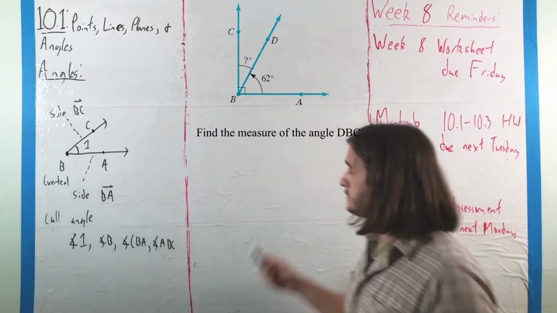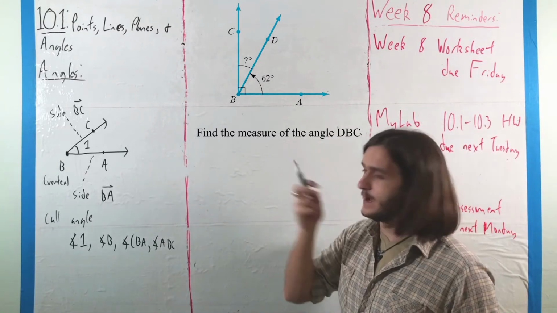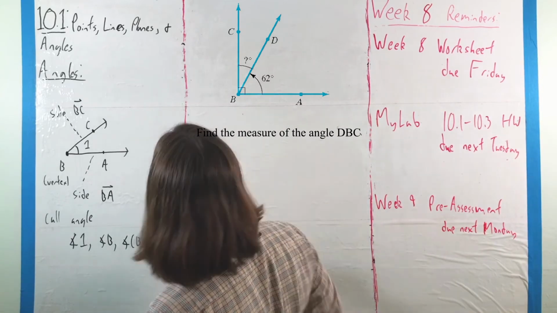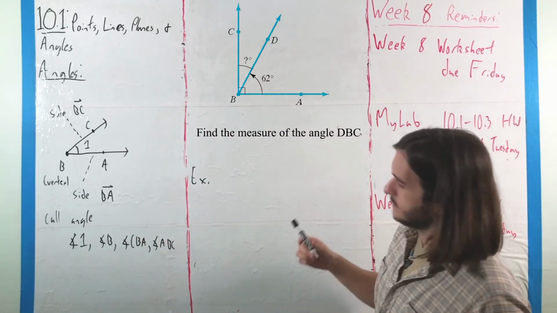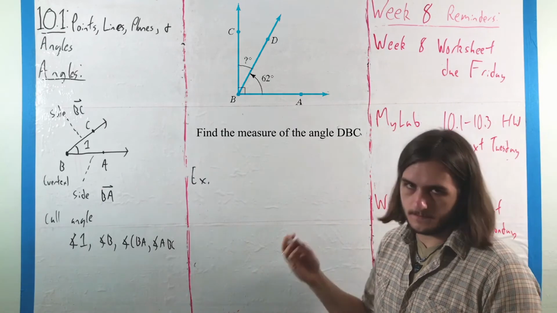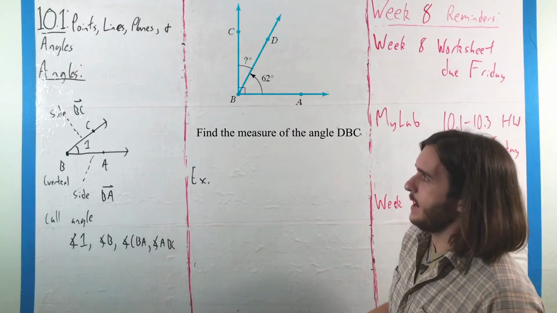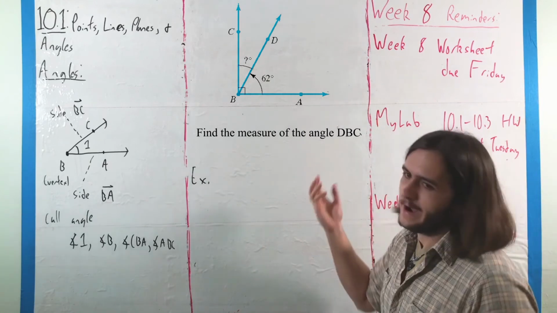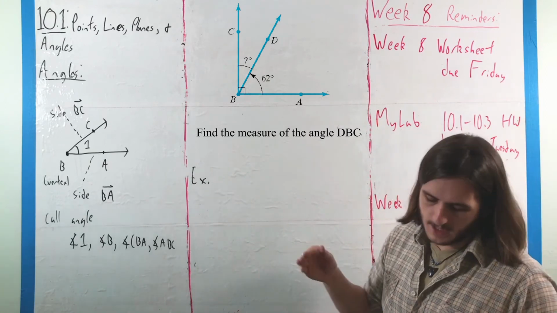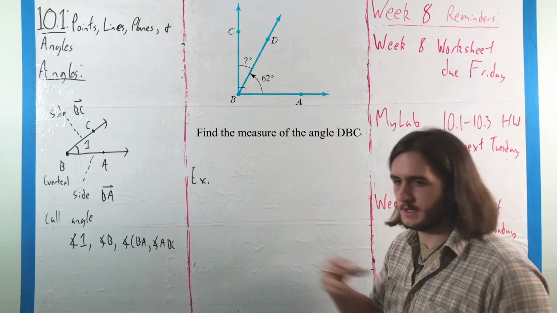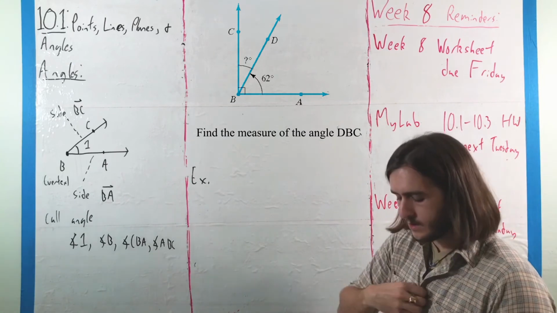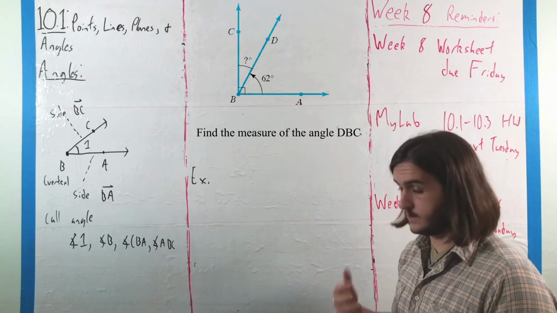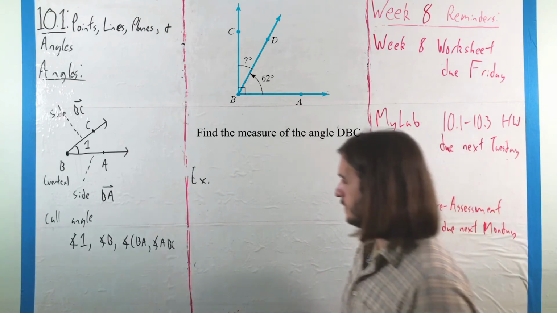So first thing we should notice is when we're looking at that picture, our angle CBA, or ABC if you prefer, has measure 90, because it has that little box drawn in there, but you can also picture that if you ignore what's going on with DB there in the middle. And then also, we are given the measure of DBA, or ABD if you prefer.